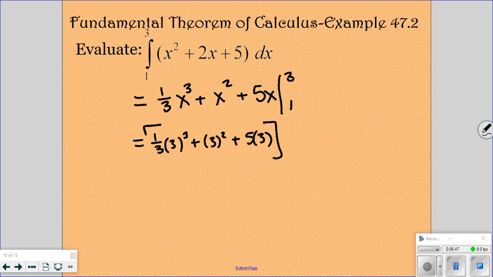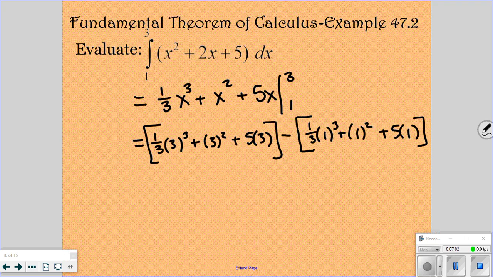That's all the upper limit. And we're going to subtract and plug in 1. And then from here you just need to simplify. So I end up with 9 plus 9 plus 15 minus 1/3 plus 1 plus 6.